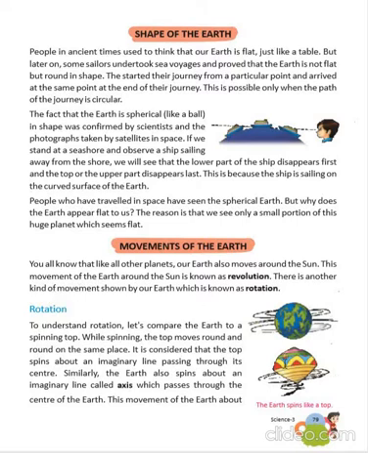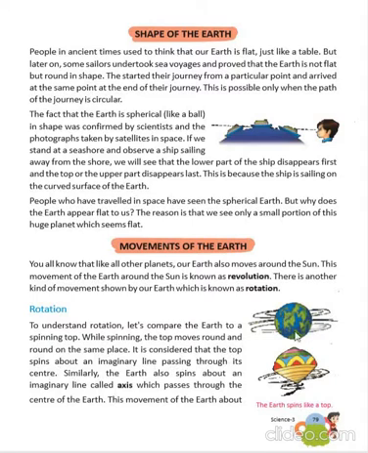Suppose we have a spinning top and this spinning top is like our Earth which is rotating. The top moves round and round on the same place. It is considered that the top spins about an imaginary line passing through its center.